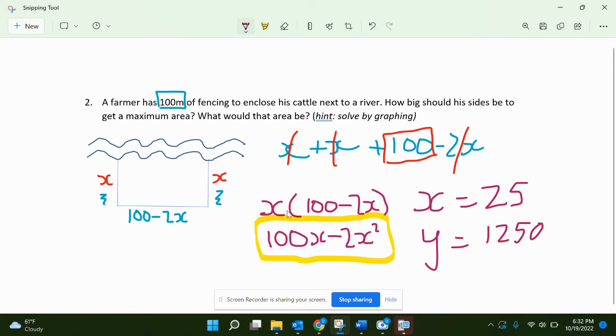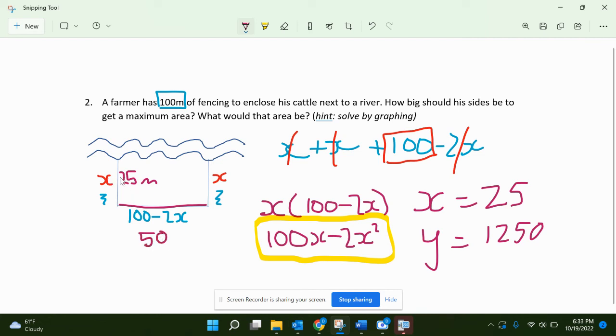So let's take a look here. If my x was equal to 25, that means these up and down sides would be 25 meters. Okay, and that means that this bottom side here would be 100 minus 2 times 25. And of course 2 times 25 is 50. So 100 minus 50 is 50.